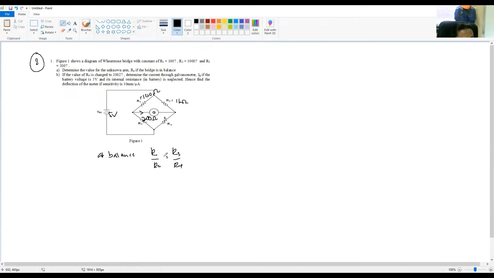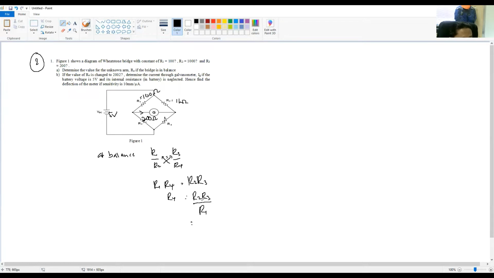Cross multiplication gives R1 multiplied by R4 equals R2 multiplied by R3. You want to find R4 because R1, R2, and R3 are already given, so R4 equals R2 multiplied by R3 divided by R1.